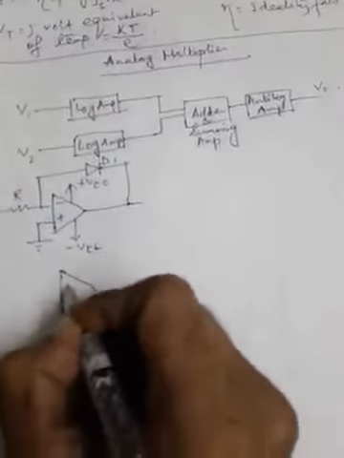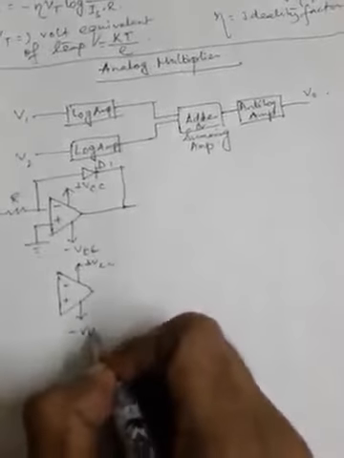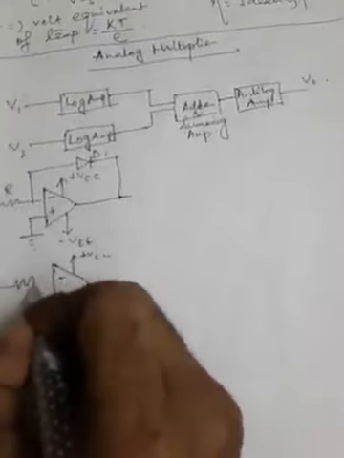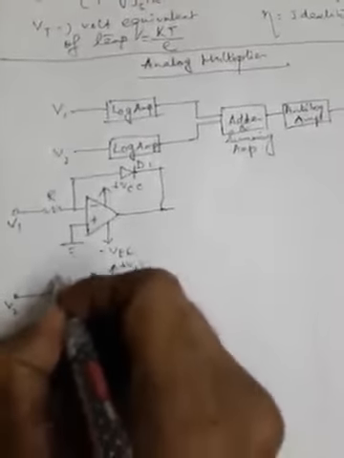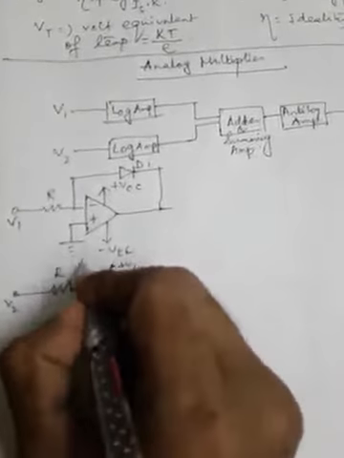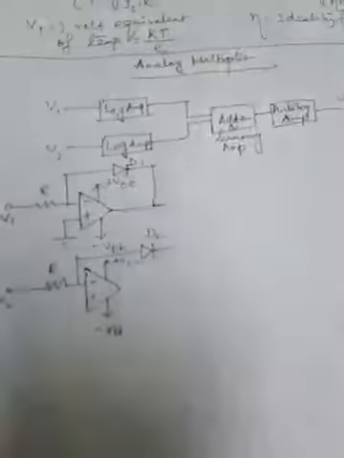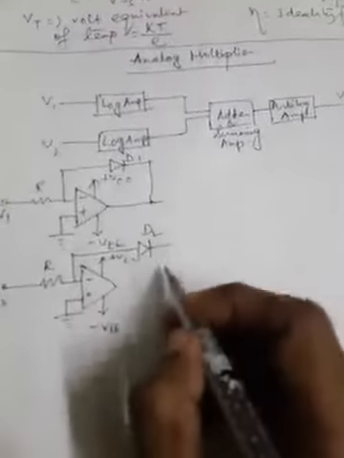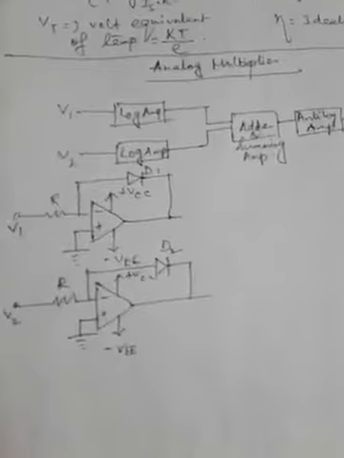Another log amplifier is taken using op amp with input V2 at the inverting terminal, and this is R, and the feedback path has a diode D2, with the non-inverting terminal grounded. D2 is the feedback element for the second log amplifier.